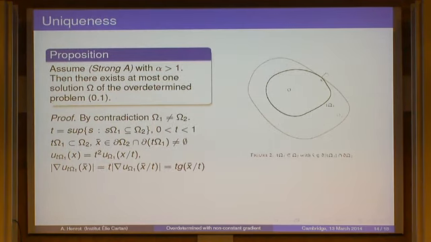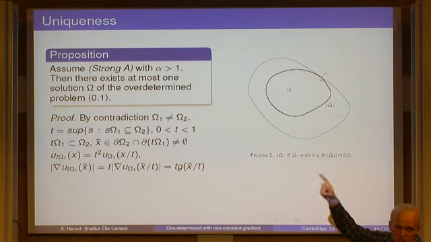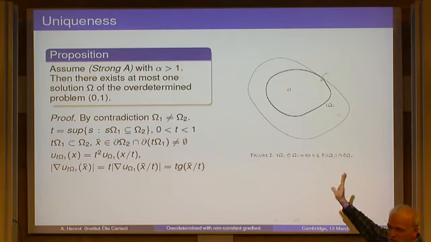Okay, so let me just finish with some qualitative properties of the solution. My first qualitative property is that if I assume alpha-homogeneity with alpha larger than 1, then I can prove uniqueness, and it is a very classical way to prove uniqueness, what is sometimes called the Lavrentiev principle.